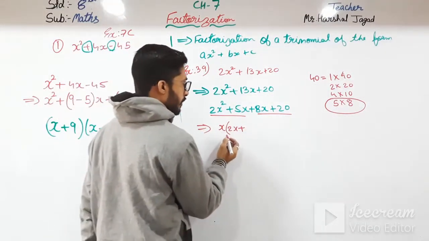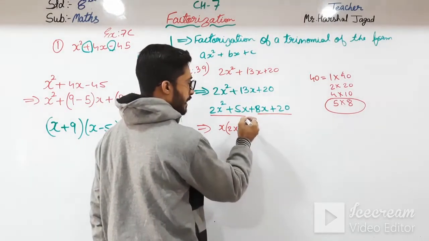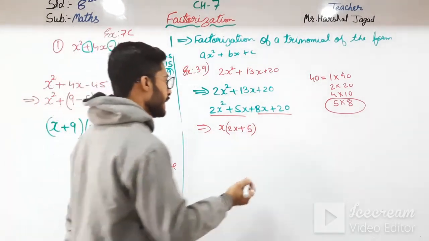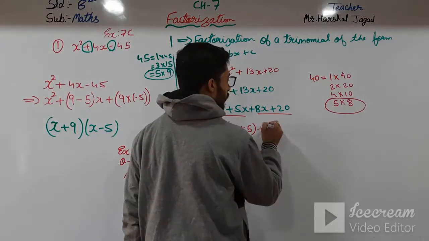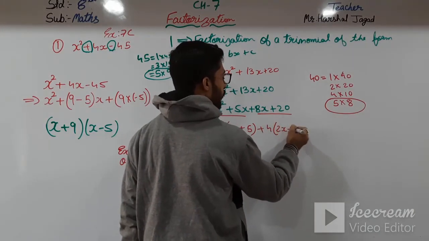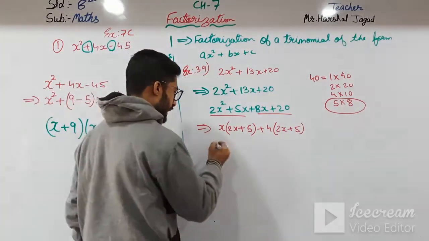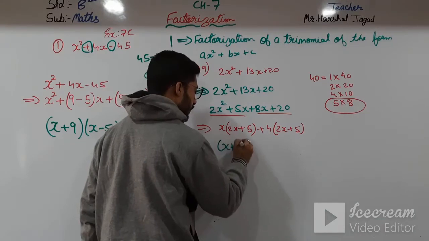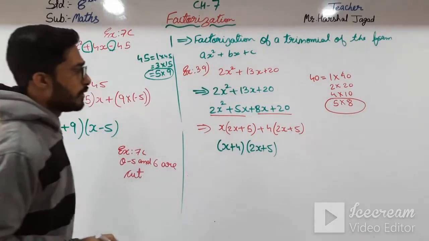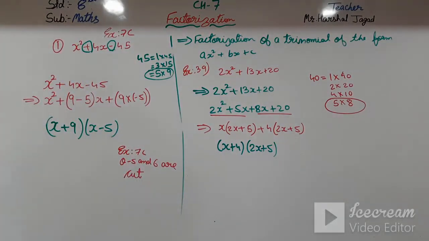So here it will be x, 2x, then plus 5, 2x plus 5, and here we will take 4 common, that is 4 twos are 8x and 4 fives are 20. Okay, so we will get the two brackets that are x plus 4 and 2x plus 5. So in this way you have to do this kind of sum. Please note down this, students, and we will move further.